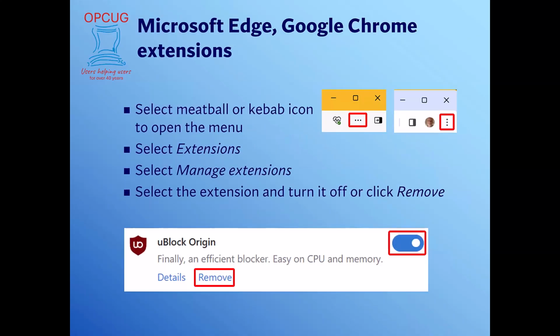So in Microsoft Edge or in Google Chrome, you go to the meatball menu, which is the 3 horizontal dots, or the kebab menu, the 3 vertical dots, and that'll open up the menu. Select Extensions, Manage Extensions, and then select the extension, and you can either turn it off or you can actually remove it. So what I suggest is, first off, turn it off to see if it's causing a problem. And then if the problem goes away after a period of time, then I would actually remove it and look for another extension that would do the same thing, or just forego that functionality.